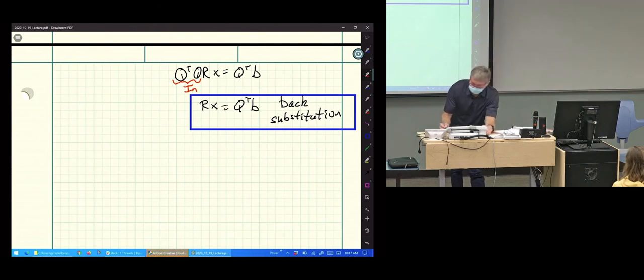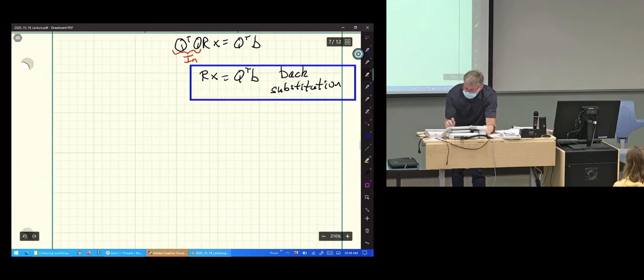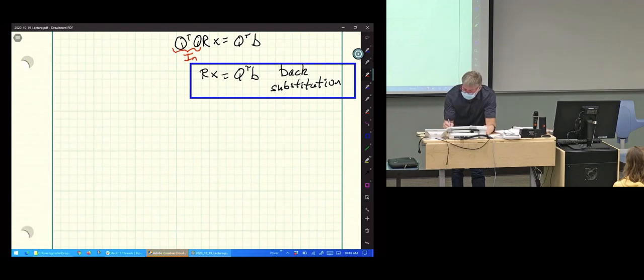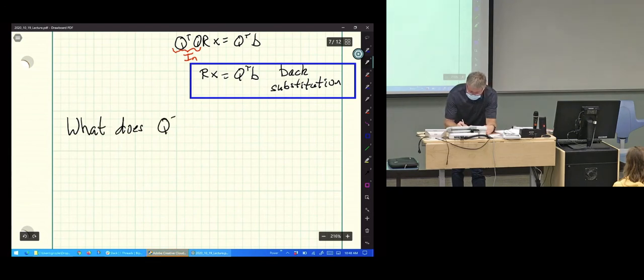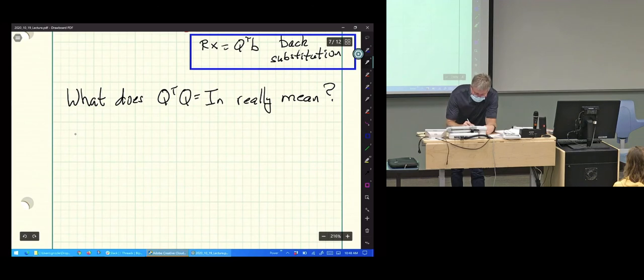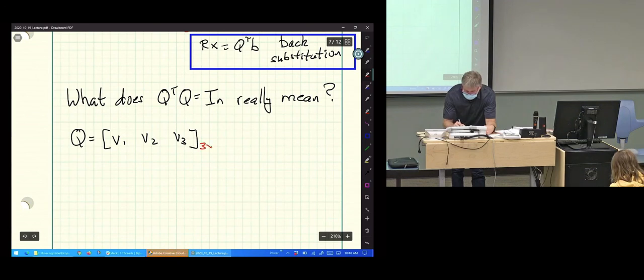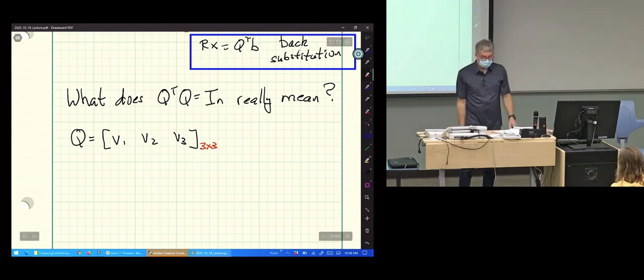How are we doing? We got a few minutes. Okay, so let's just figure out what this Q transpose Q equals identity really means. I'm going to break Q into its columns, and I'm going to do it with a 3 by 3 example.